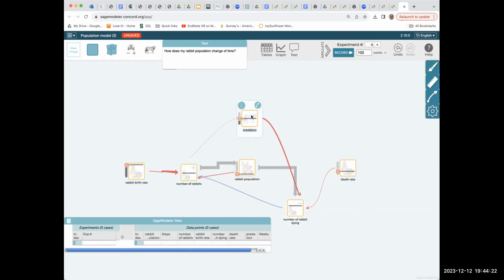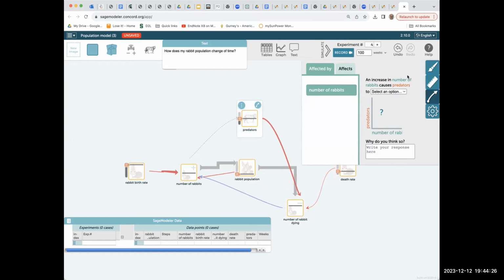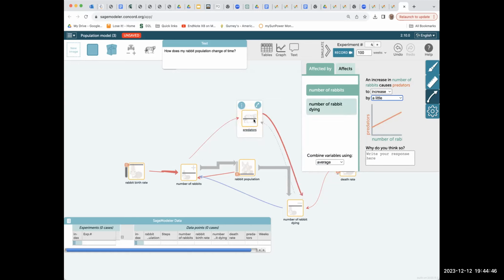There we could click on predators and say an increase in the number of rabbits causes the predators to also increase. Would everybody agree with that? We'll just say about a little. But we also know that the number of dying rabbits affects the number of predators, because as the rabbits die, the predators are going to decrease.